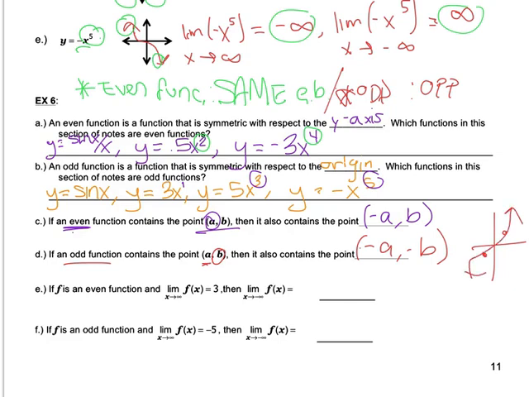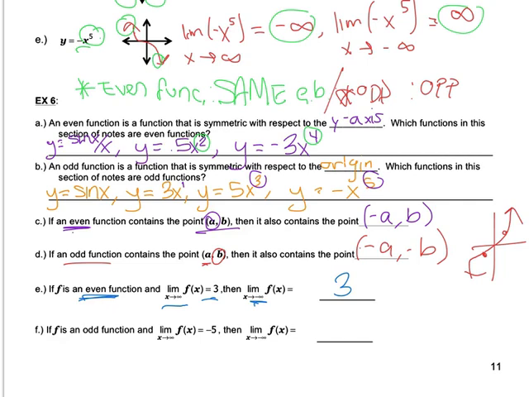And then these two down here, E and F. If f is an even function, remember, even functions have the same end behavior at both ends. So if the limit of f of x as x approaches positive infinity is 3, then what is the limit of f of x as x approaches negative infinity? If it's even, then it has the same end behavior, so it's going to be 3.